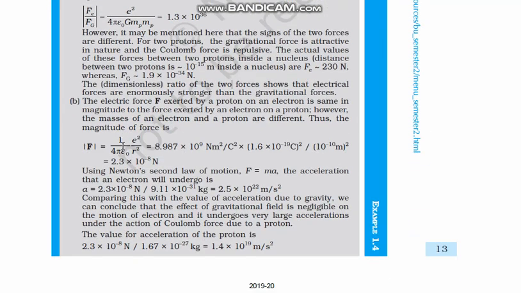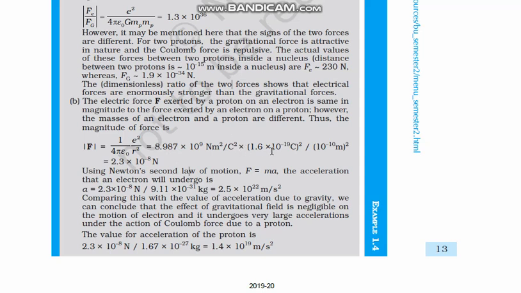So once we put in these numbers, 1 upon 4 pi epsilon naught, you know, 8.85 into 10 to power minus 12, e square, 1.6 into 10 to power minus 19 squared, and what is the radius? 10 to power minus 10 squared. So you get this number, 8.987, you can also say 9 into 10 to power 9 meter square per coulomb square.